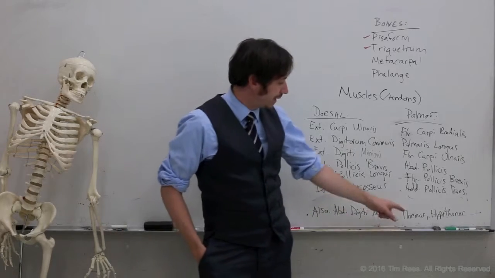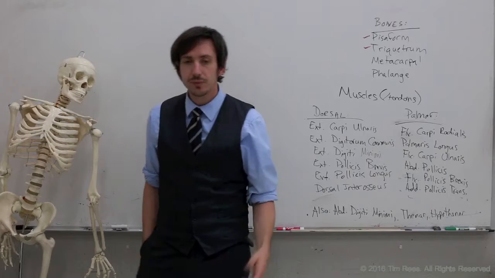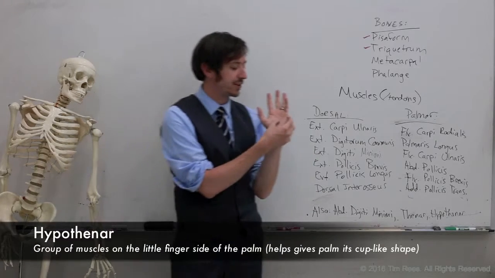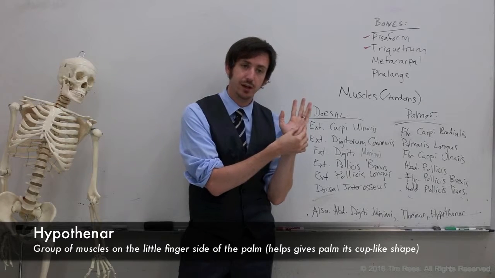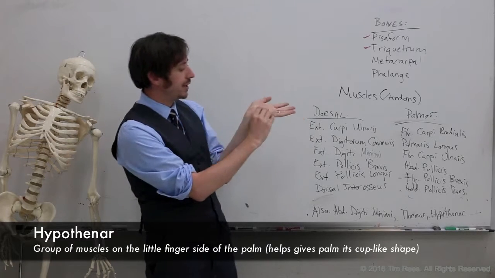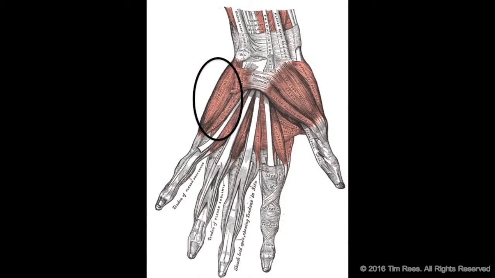You'll notice down here we have a group called the hypothenar. The hypothenar is going to be everything that's contained in this side, the opposite side of the hand here. And you'll notice the hand has a good amount of topography. The thenar has a nice curvature to it, and then the hypothenar has another curvature to it, a little more subtle, but still prominent.